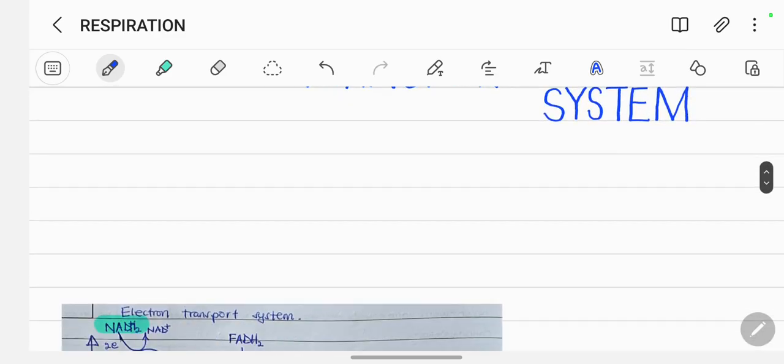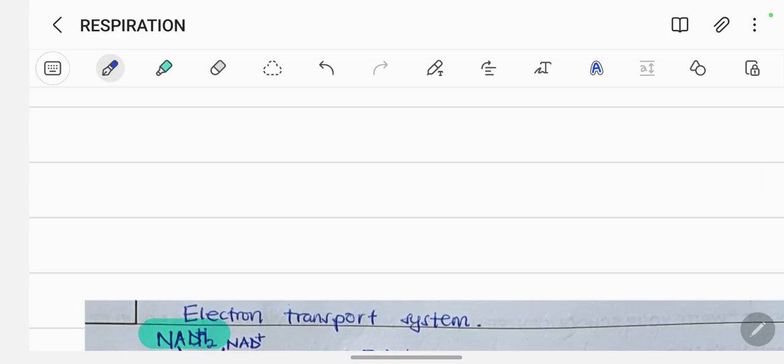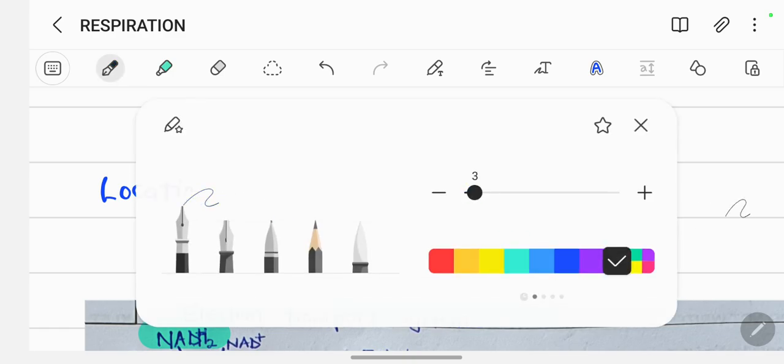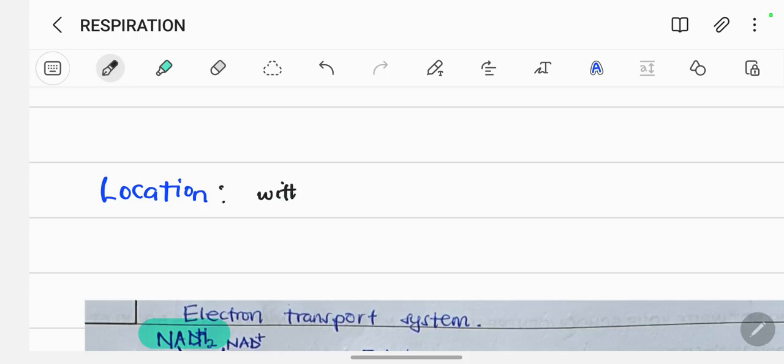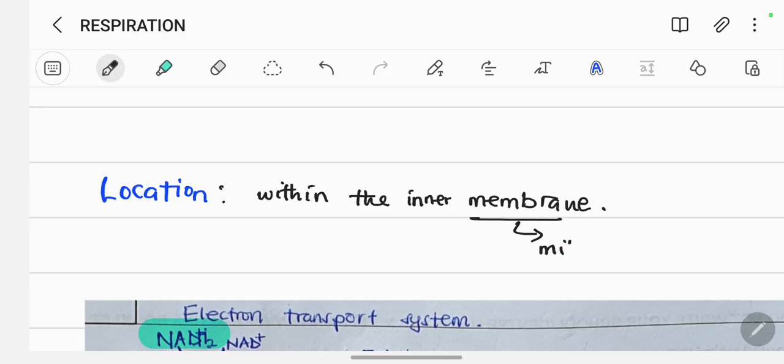It is located within the inner mitochondrial membrane.